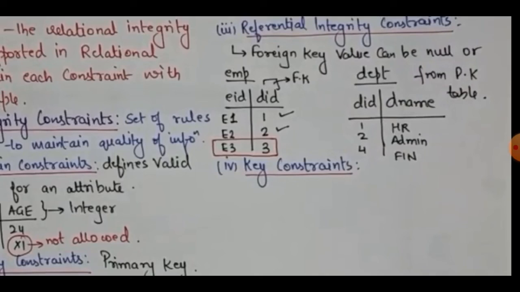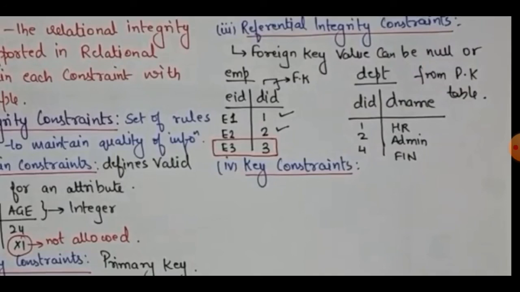This is the first feature we need to follow. The second is that it comes from the primary key of the table. Like the primary key of the department table is 1, 2, 4. We need to follow that table because we can enter only those values which are in the primary key table, which we are using with the help of the foreign key.